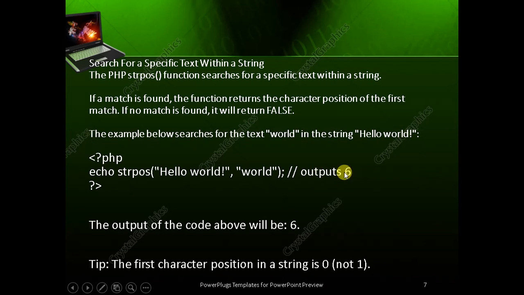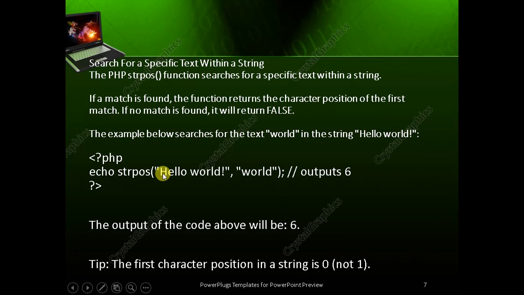Why is it going to output 6? Because 6. The output of the code above will be 6. The first character position in a string is 0, not 1.